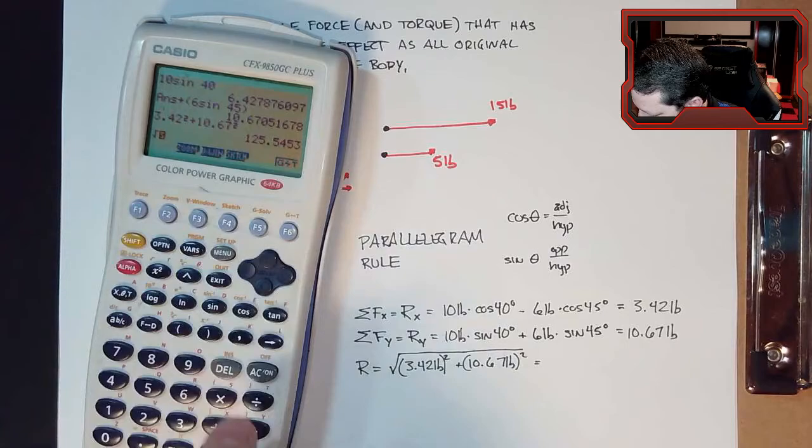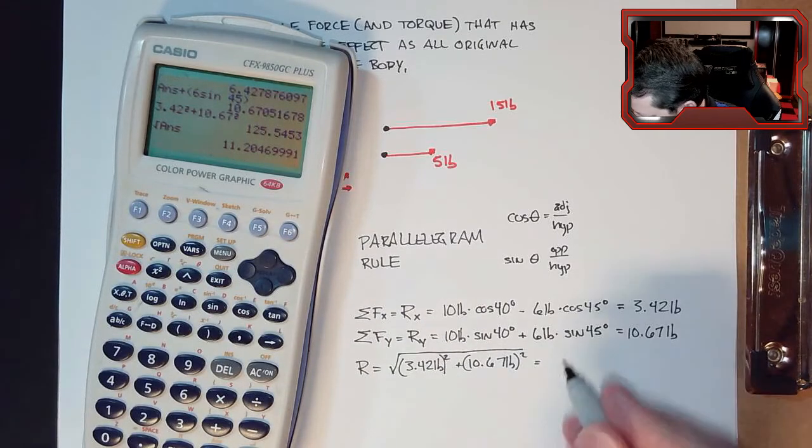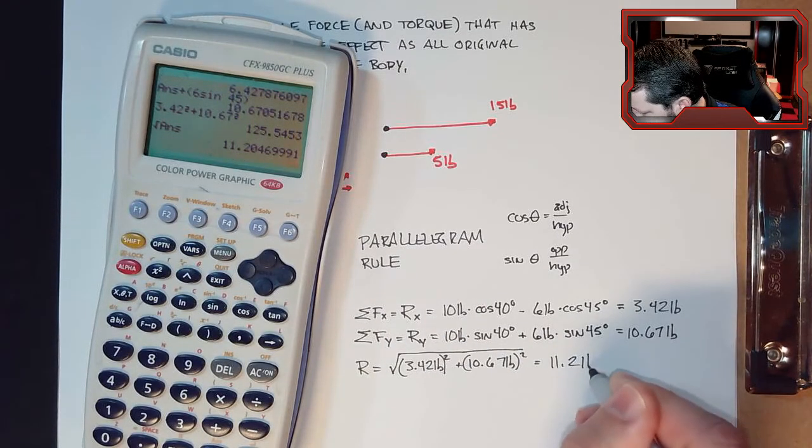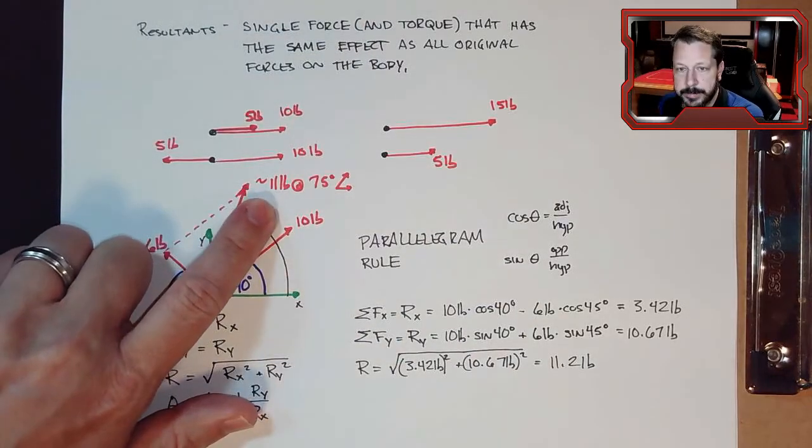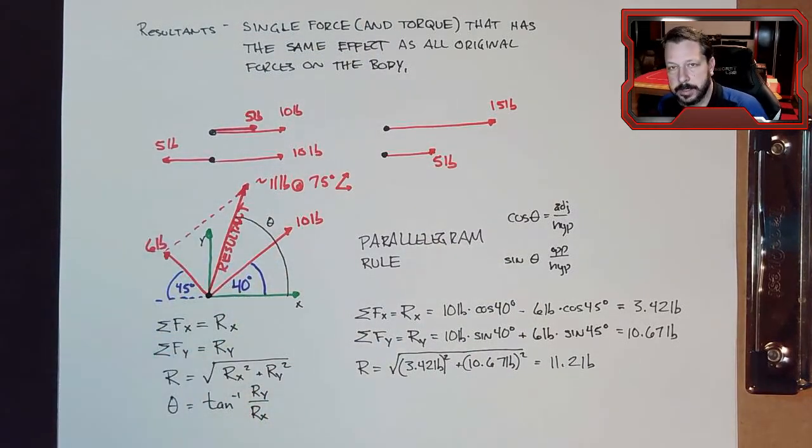We need the square root of that. 11.2 pounds. We had guessed it was 11 pounds just from our picture and our really rough guessing.